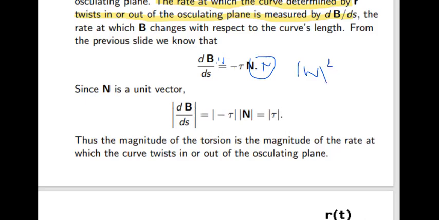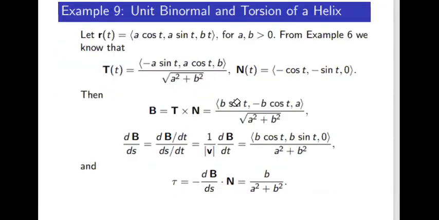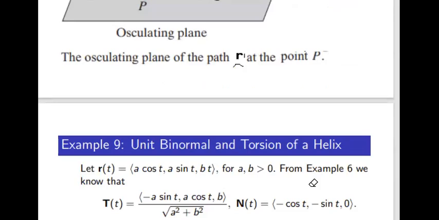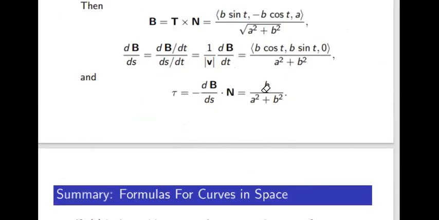Then you can isolate and solve for tau. That's why they consider taking the dot product with it. So this is the torsion of the famous helix function.